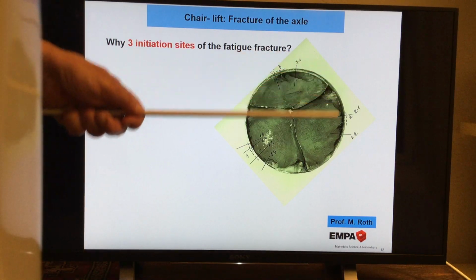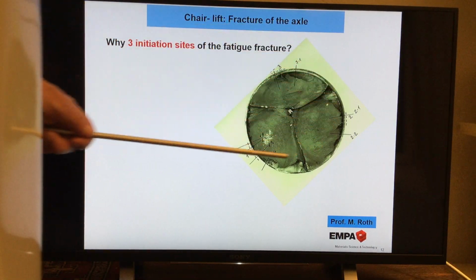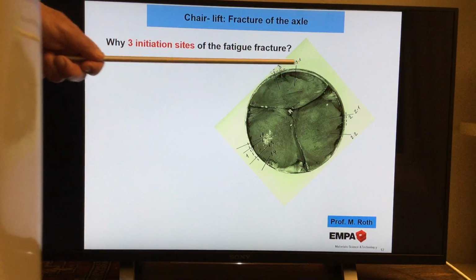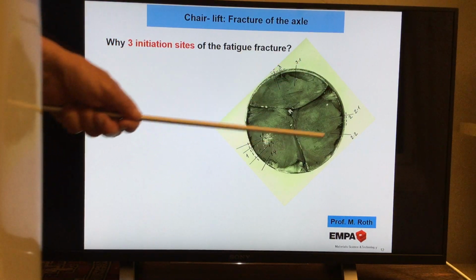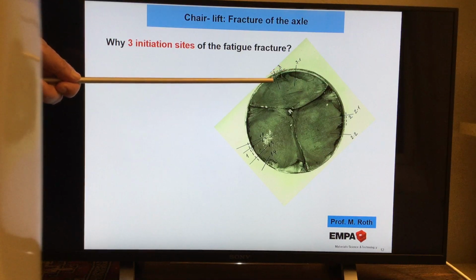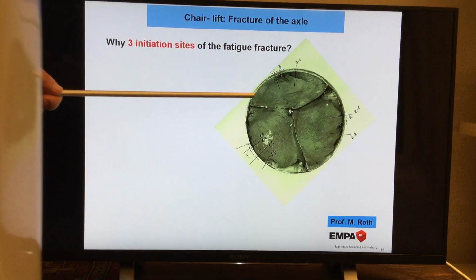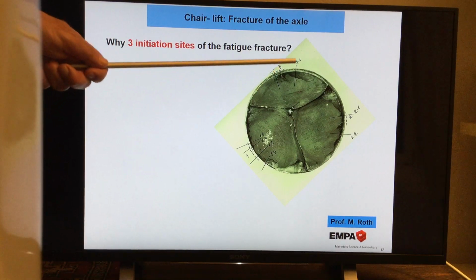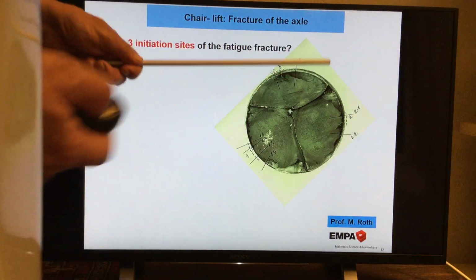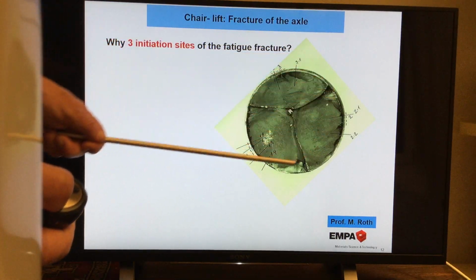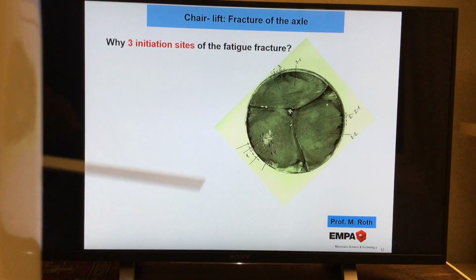Because in principle you can imagine when this axle rotates, all the spots at the surface have more or less the same stress. So in those cases we have a lot of crack initiation sites, maybe 50, 60, 70 or so, all around the surface, but not 3.